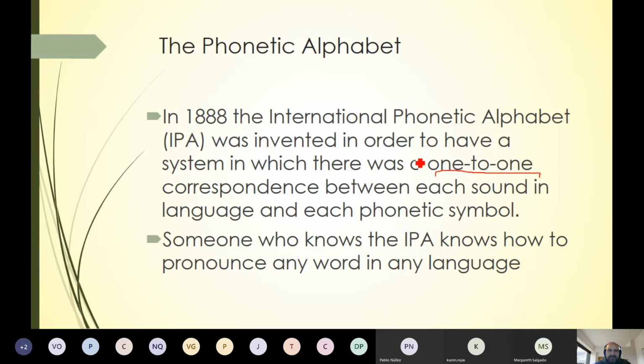The International Phonetic Alphabet is one system among other systems that tries to create this one-to-one correspondence between sounds and symbols, but not only for English. IPA is used by linguists in different countries in the world to understand sounds in any language. Okay, that's important to remember, in any language.